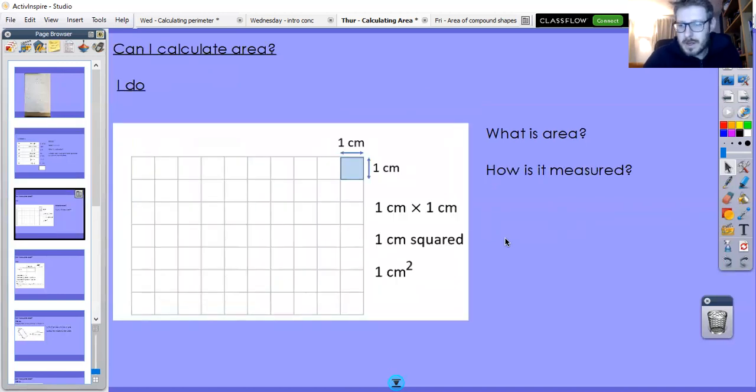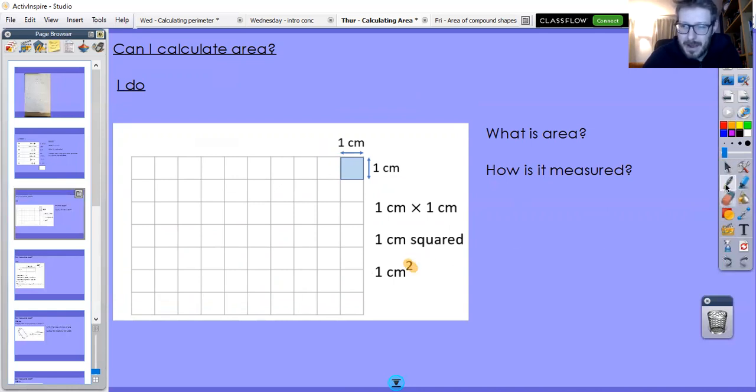Okay, so today we're looking at area. Like I said, area is the space that a shape is taking up, the amount of space that it's covering. And we measure area in centimetres, metres or millimetres squared, the key bit being that it is squared.